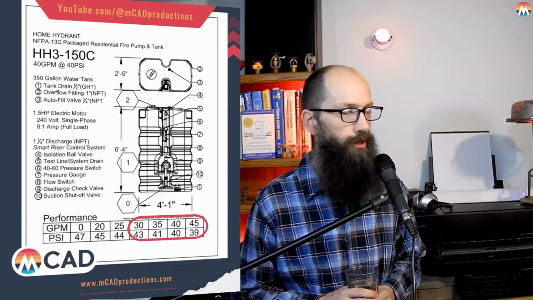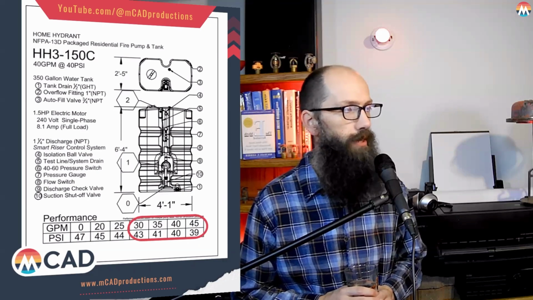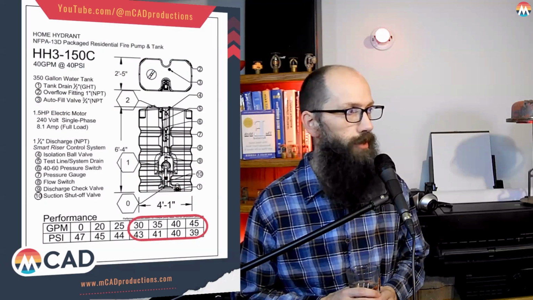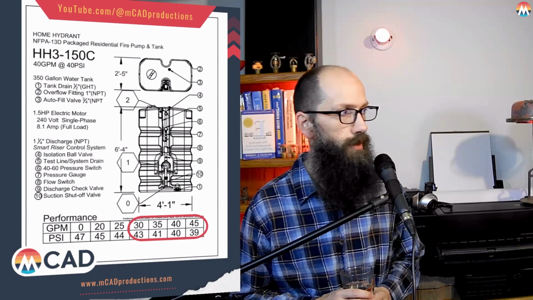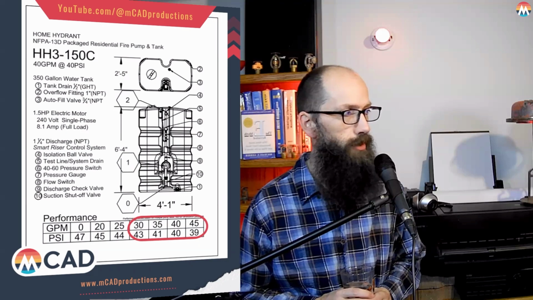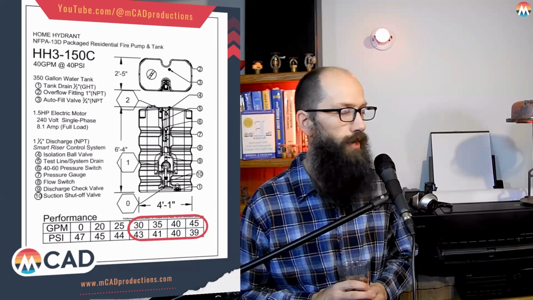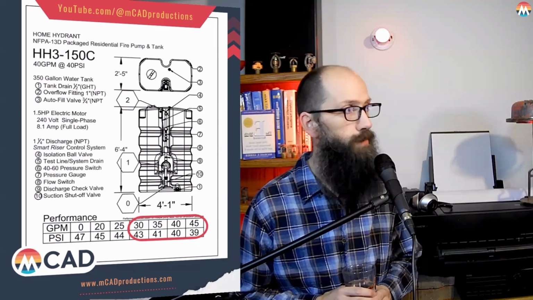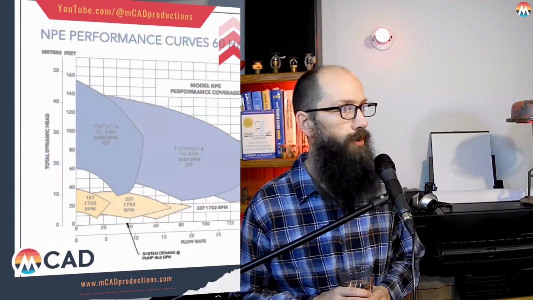And this is where we actually look on our cut sheet for the tank, as long as those numbers, the 26.5 at 19.94, are underneath all of the top numbers on here. It's got the middle one, 30 GPM at 43 PSI, which is already higher than the numbers we said. So basically it's in the middle range of this pump and it'll work great.